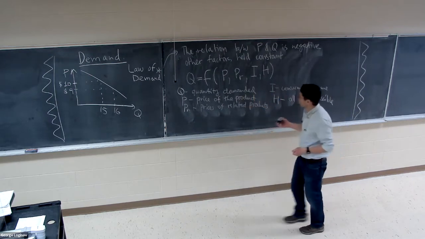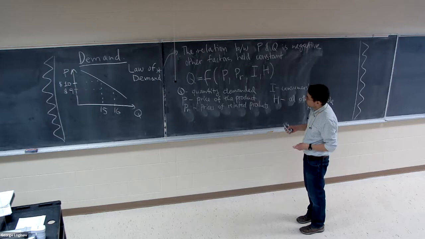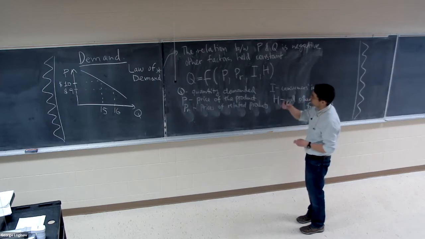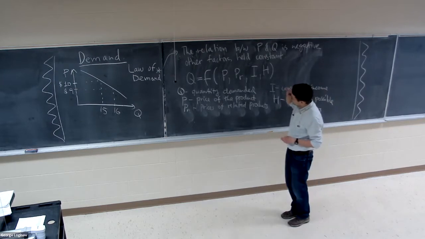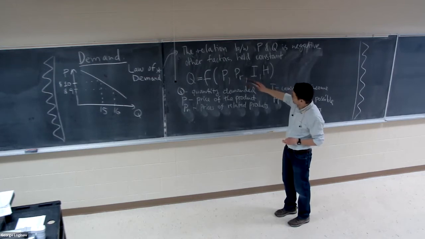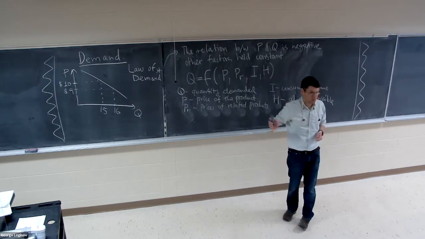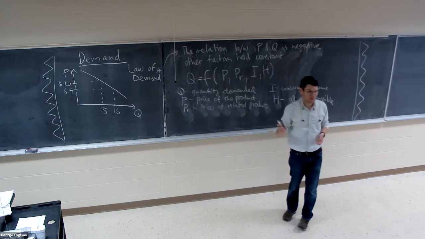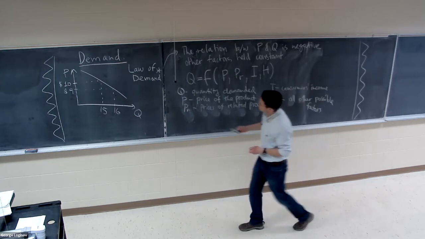So, two things we need to discuss before we look into demand estimation. First of all, how your demand is affected by related products, and second, how your demand is affected by income. This is where things get interesting.